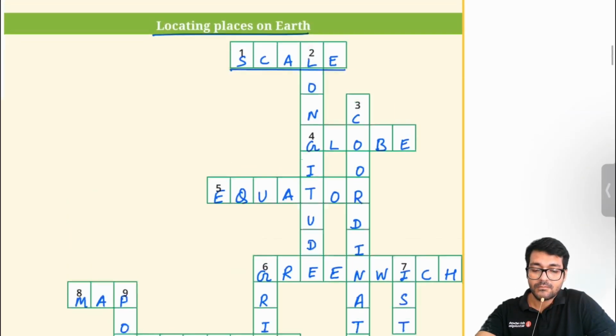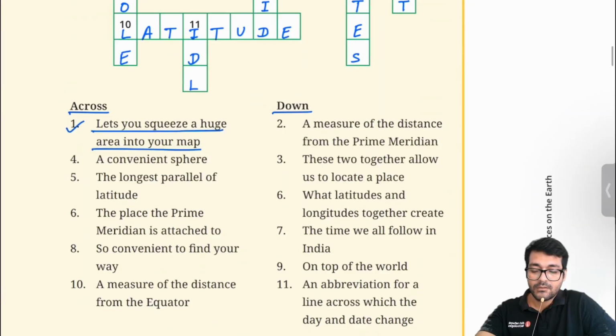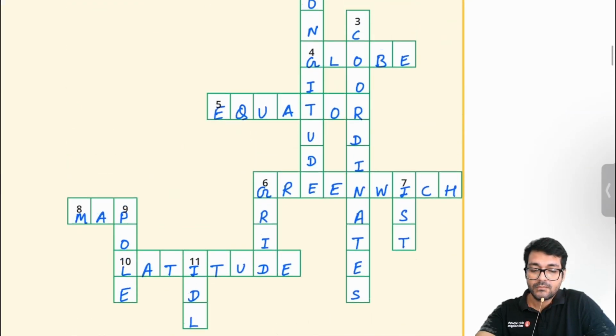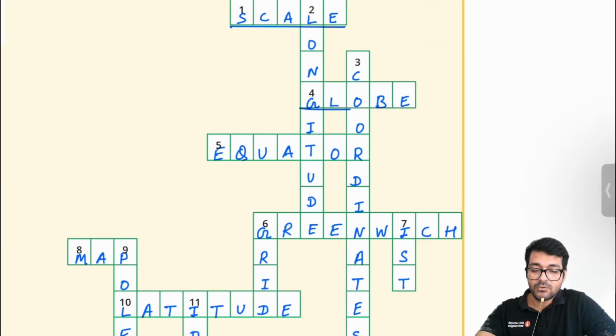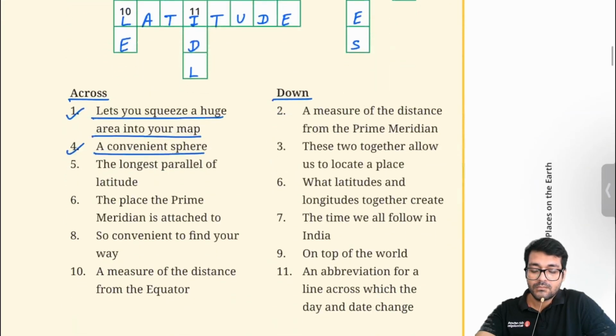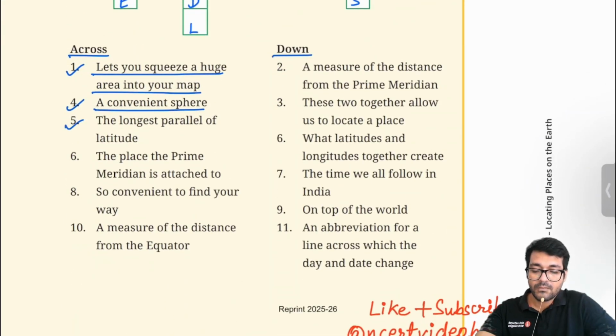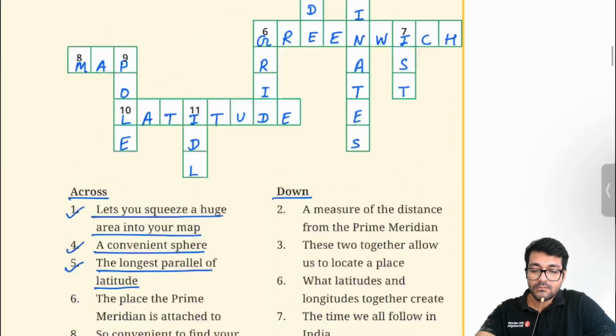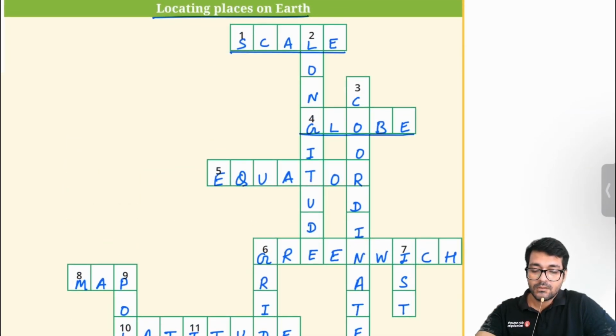Scale. 4. A convenient sphere. Globe. 5. The longest parallel of latitude. Equator.